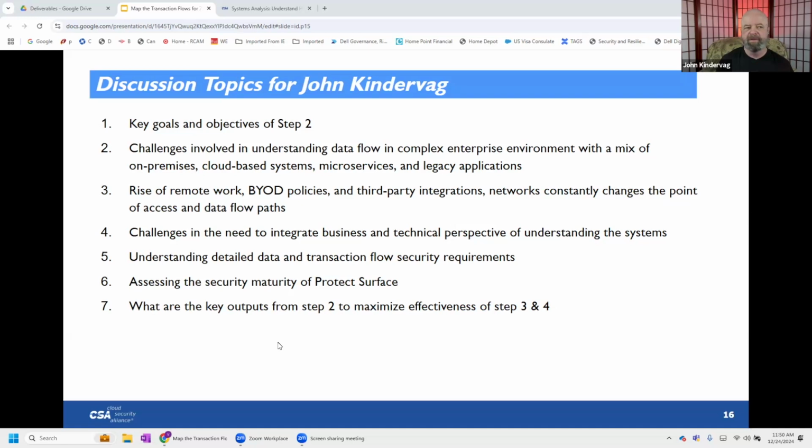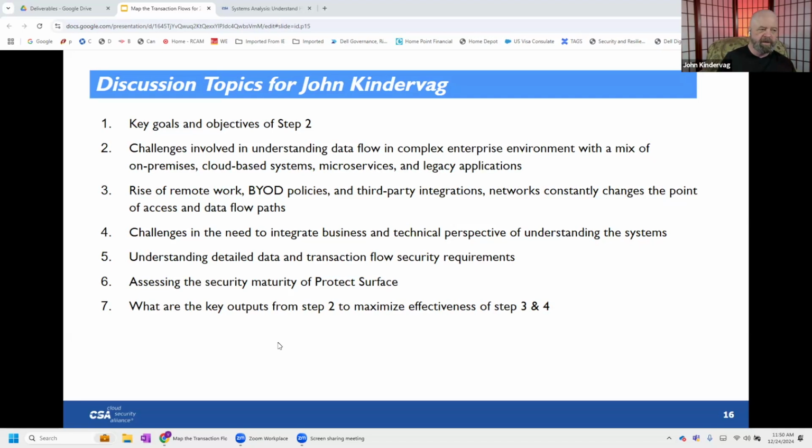The output is to have an accurate transaction flow map for the protect surface we're currently working on. And we don't have to have maps for every protect surface. It's for the one that you're architecting right now, because you're doing this one at a time. Remember, incremental, iterative, so it's non-disruptive. So you don't have to do it for everything all at once.